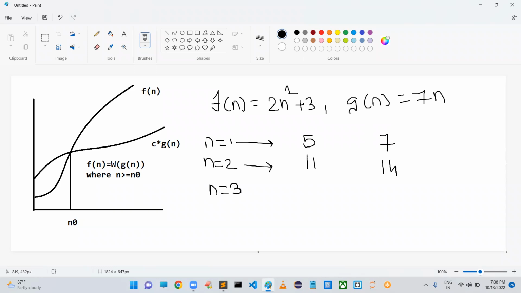When n is equal to 3, 3 square is 9, 9 into 2 is 18, plus 3 is 21. And 7 into 3 is 21.